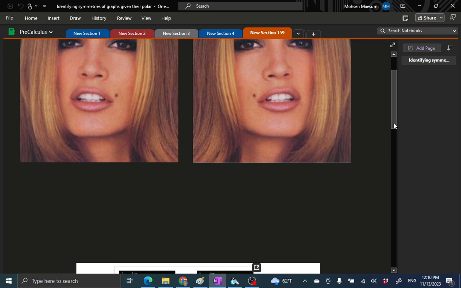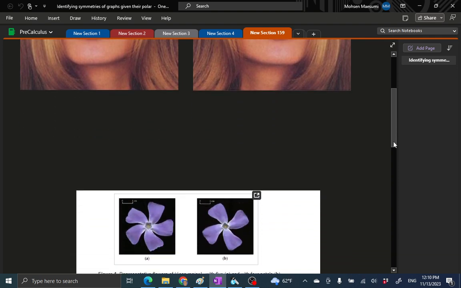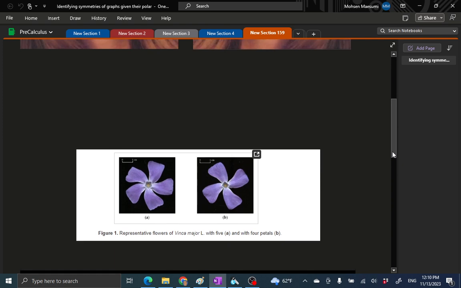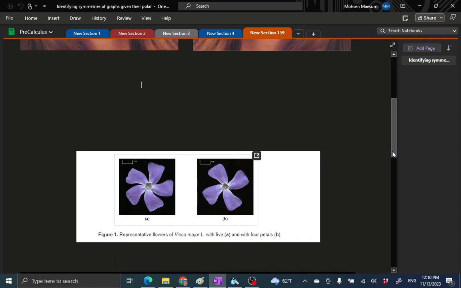Nobody had the correct answer, but following the leads, we could finally find a flower. Here is a result of our search. Here's a special type of flower that doesn't have symmetry with respect to the x or y axis, but has symmetry with respect to its pole, or with respect to its origin, the central point of the picture.